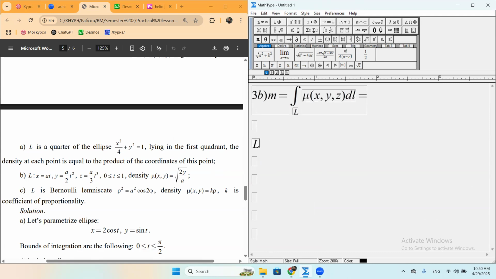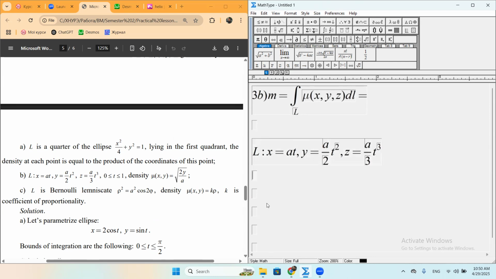L is given by the following equations: x equals a t, y equals a over 2 t square, and z equals a over 3 t cube.